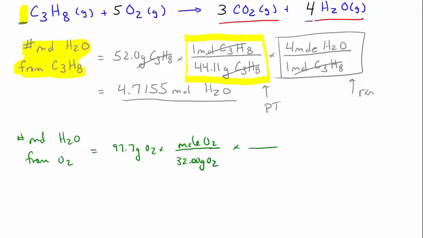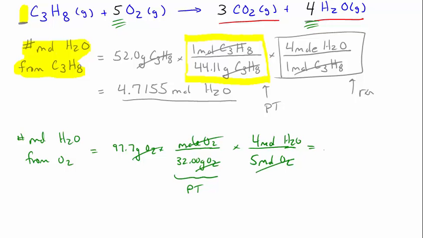And now I need to go from moles of O2 to moles of water. According to the balanced reaction, for every 5 moles of O2, there are 4 moles of water formed.